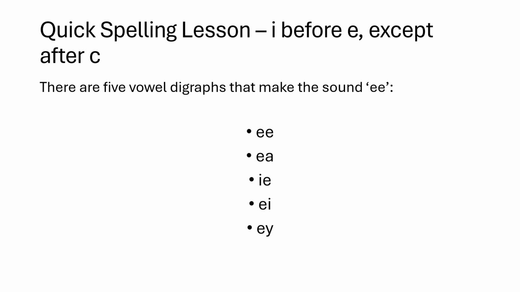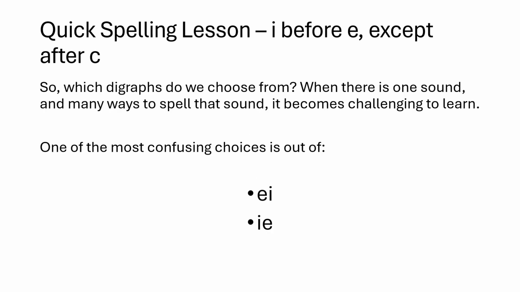There are 5 vowel digraphs that make the sound E: E, E; E, A; I, E; E, I; and E, Y. So, which digraphs do we choose from?